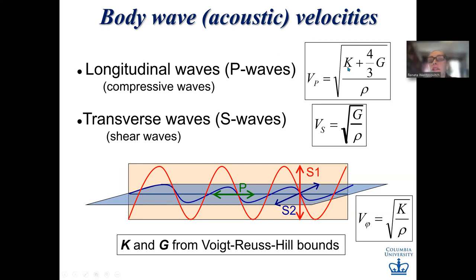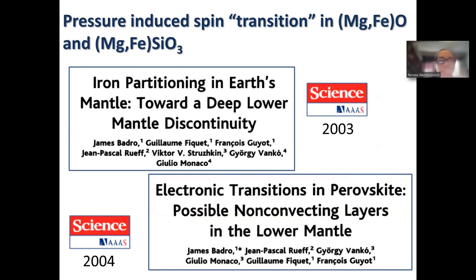So we need to figure out K and G as a function of P, T, and X for each one of them, make the polycrystalline aggregate and try to compare with what's happening in the Earth. So that's the goal of this research: understand the Earth's interior by calculating elastic properties.